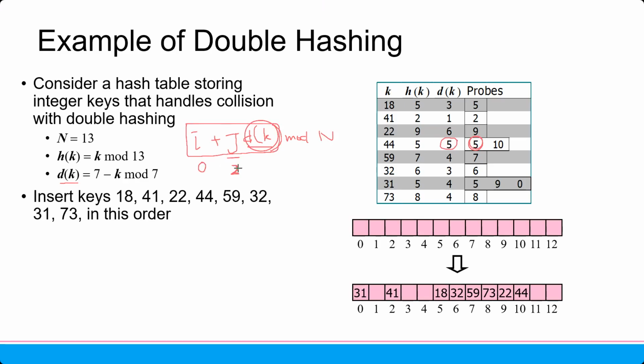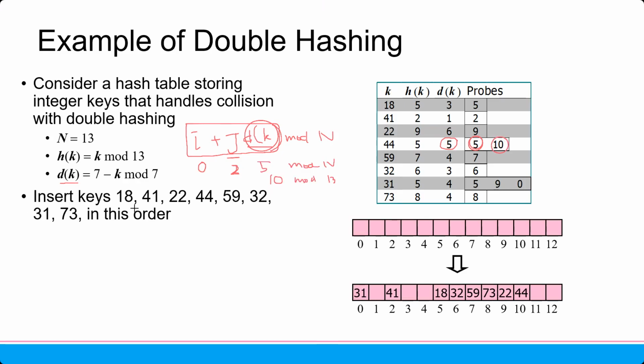So 0 plus 2 multiplied by 5 mod 13, which is 10 mod 13, so we get 10.